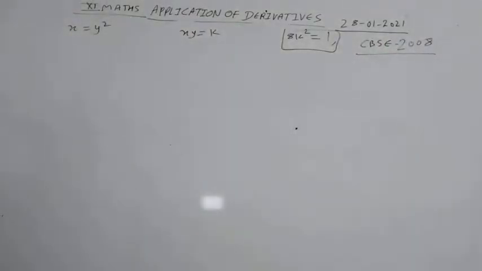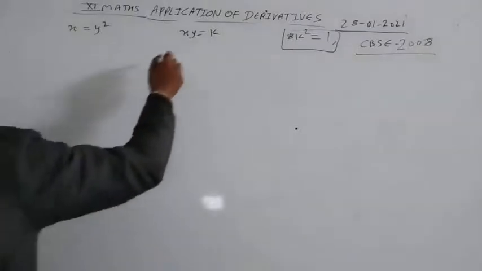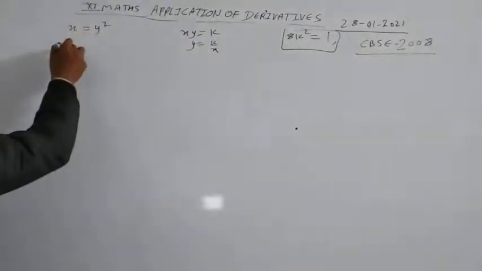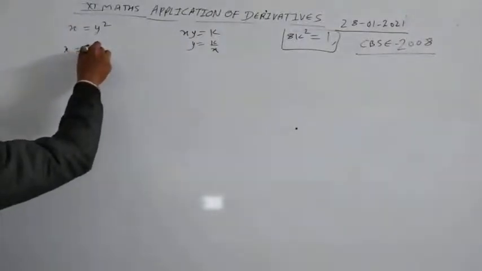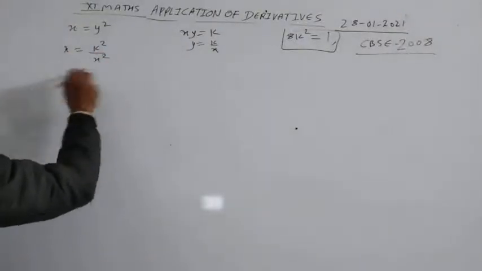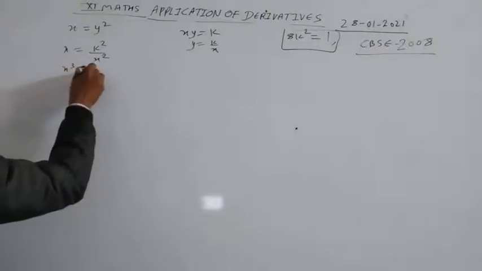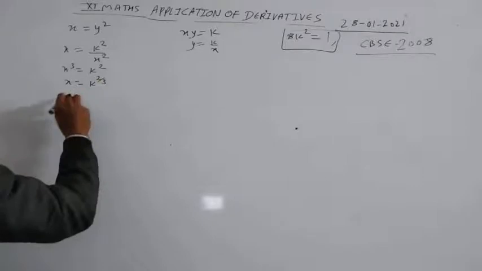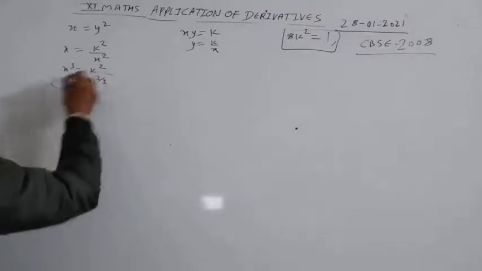So, student, first of all, we find out the values of x and y. We put y = k/x in x = y², so x = k²/x², so x³ = k², x = k^(2/3).